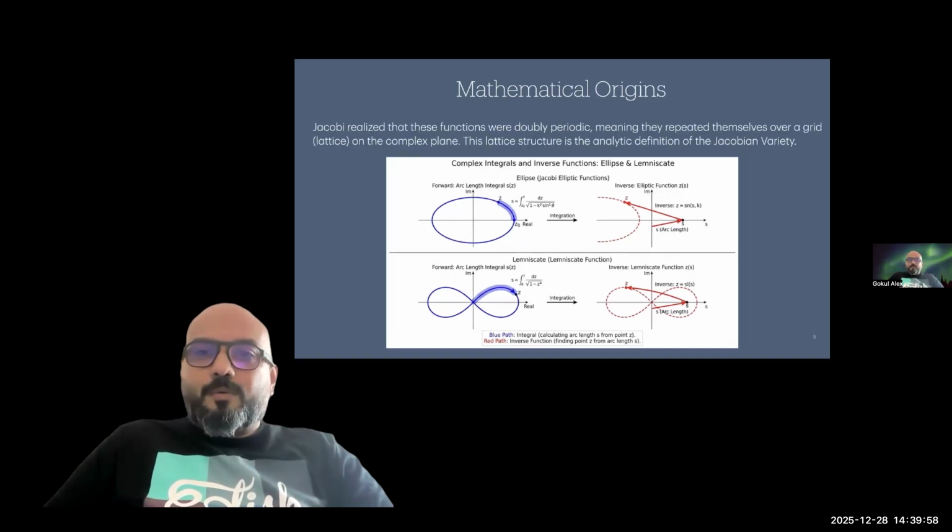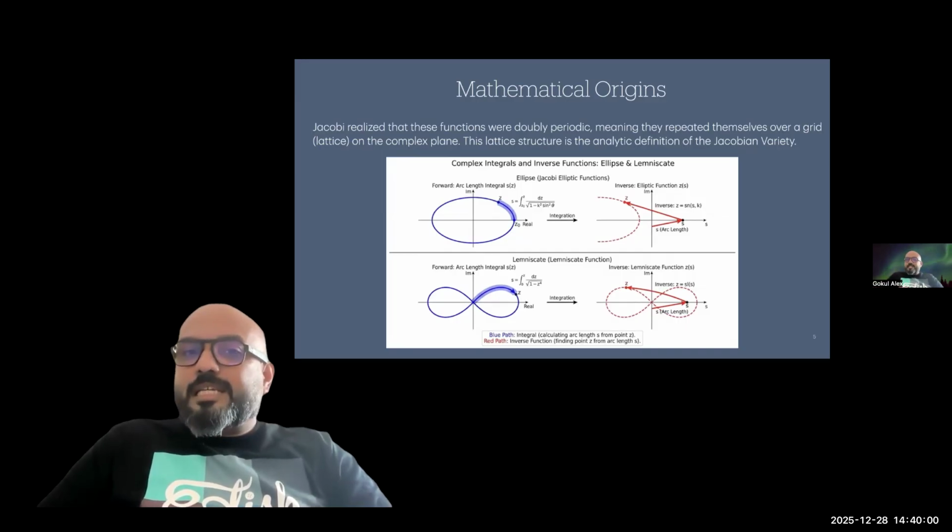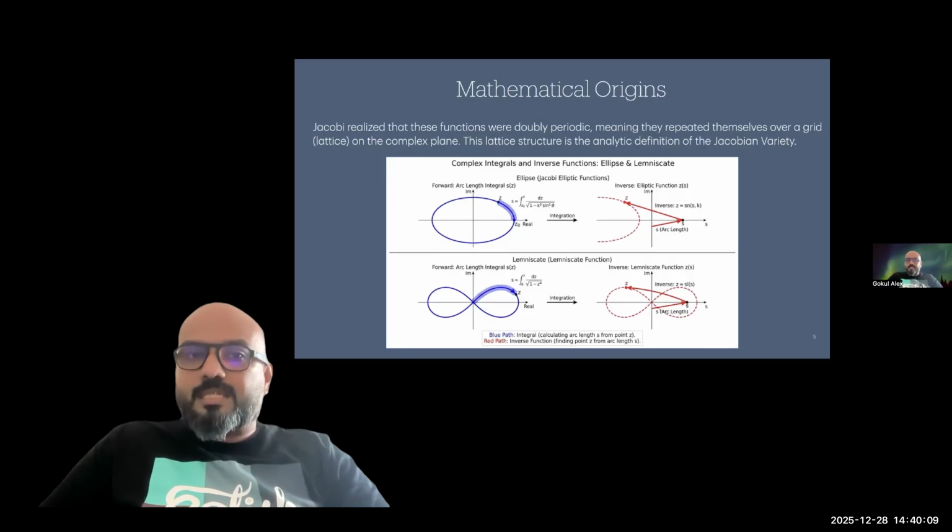Okay, so Jacobi realized that these functions were doubly periodic, meaning they repeated themselves over a grid. Now we can call it a lattice. These grids are computed over the complex plane. So this lattice structure is known as the Jacobian variety.